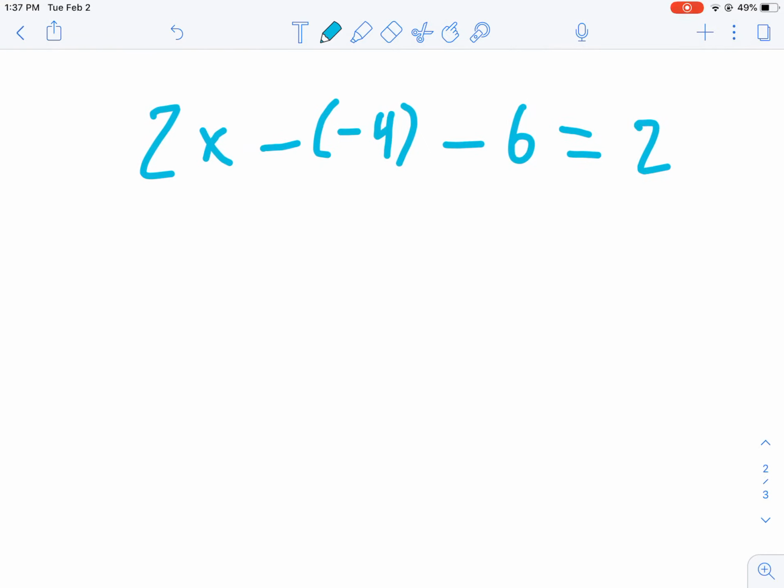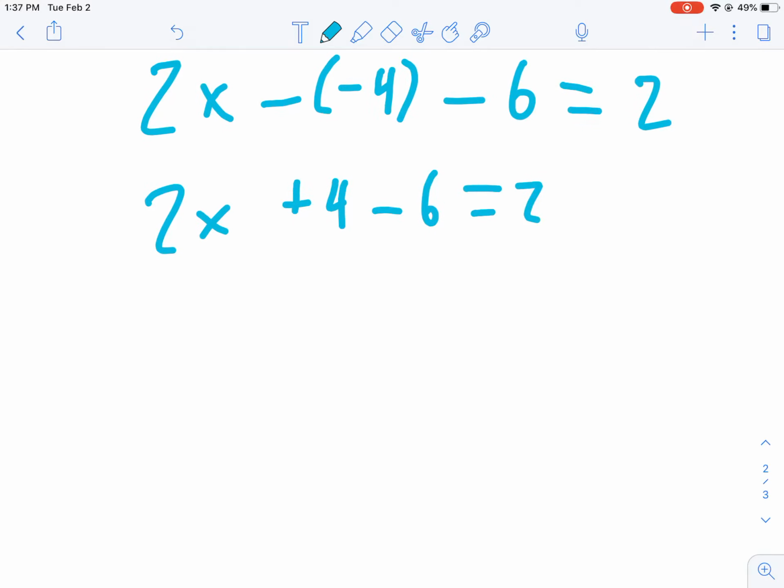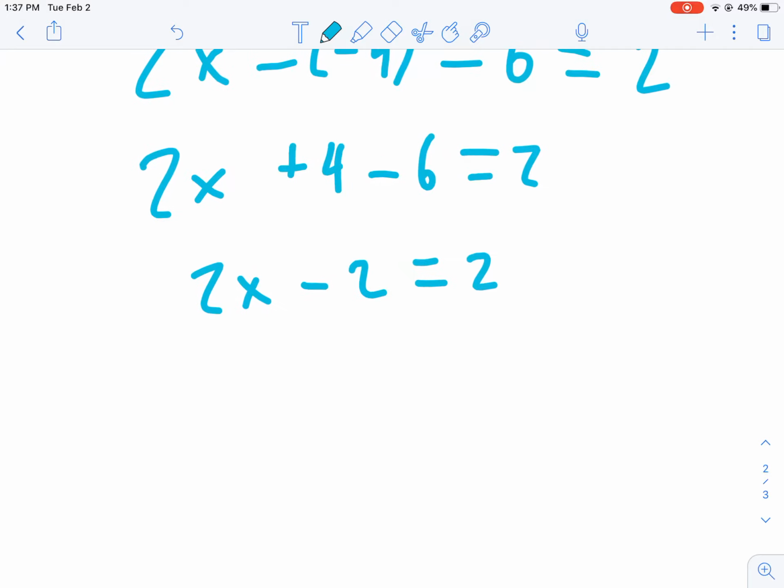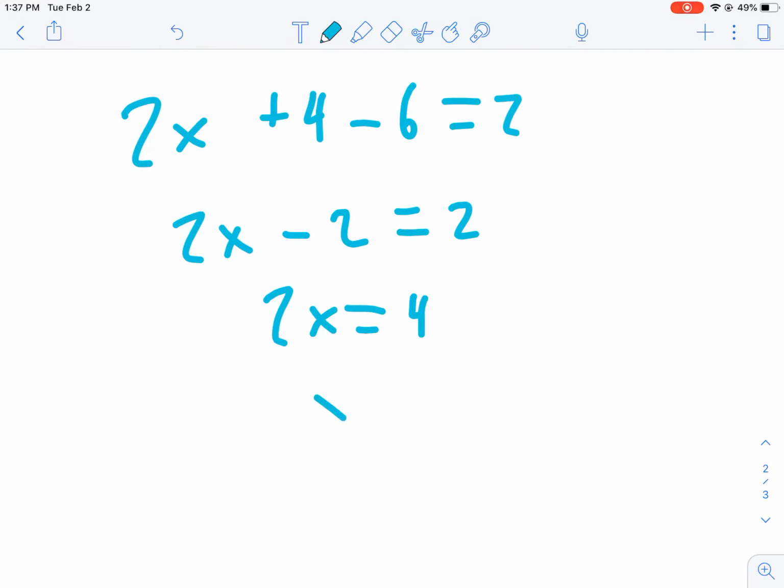The reason it's important here is because we know that's going to turn positive. So it'll be 2x plus 4 minus 6 equals 2. Combine like terms. 4 minus 6 is negative 2. Add the 2 to the other side. We get 2x equals 4. Divide by 2, x equals 2. So that's the first problem.